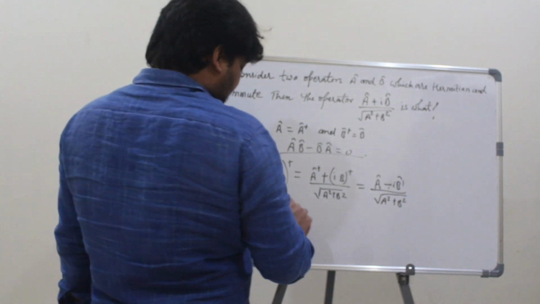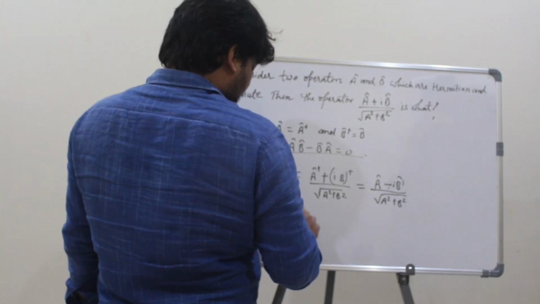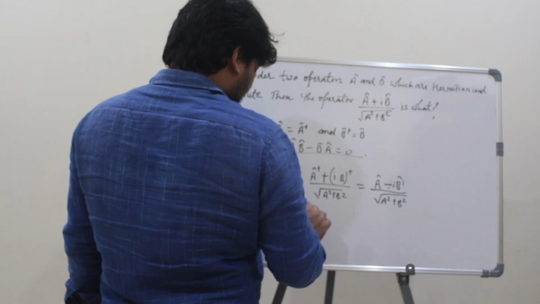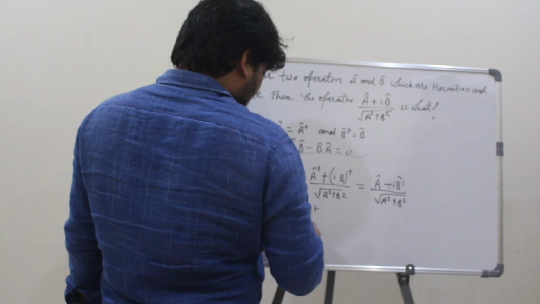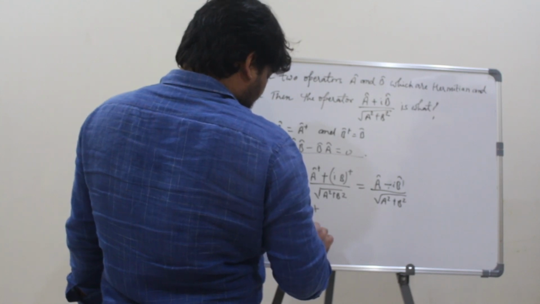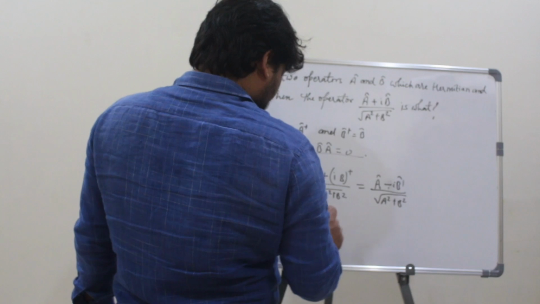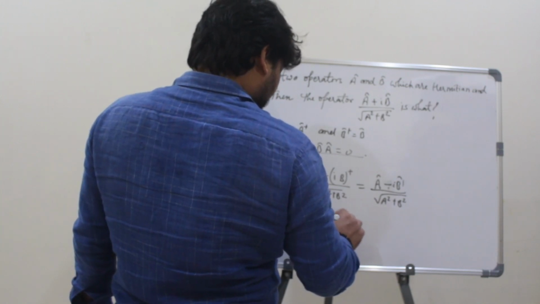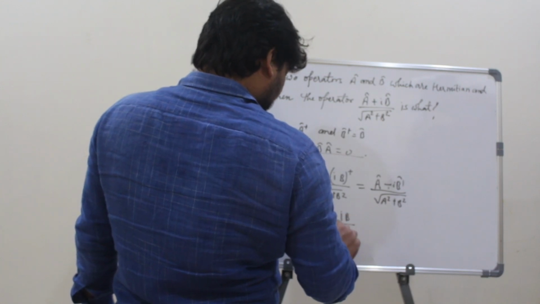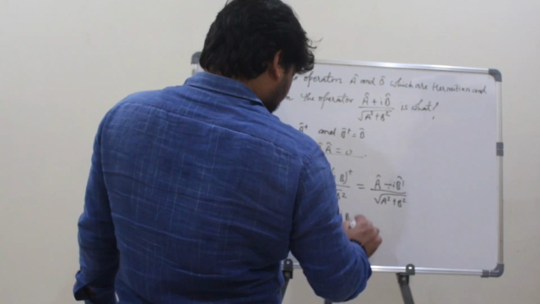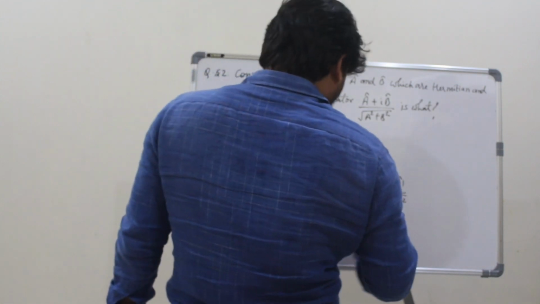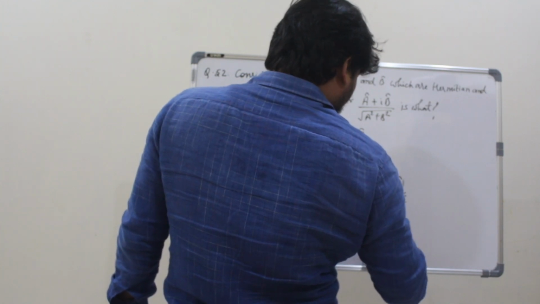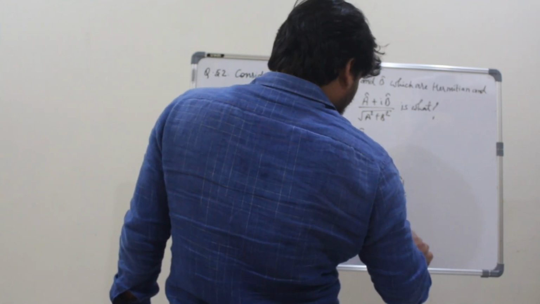So it means that if you take a dagger, or the whole dagger, divided by this, multiplied by this, what will it give you? Now you know that this dagger is nothing but a minus ib, and divided by a square plus b square.